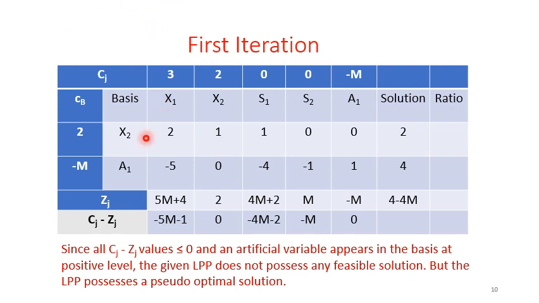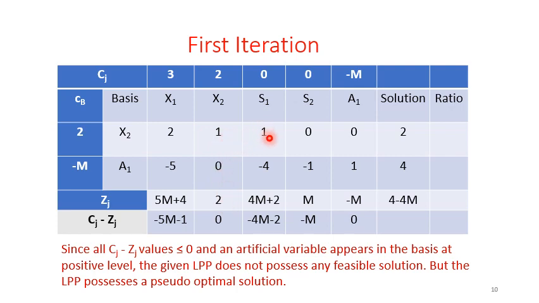The only change here is instead of the slack variable s1, x2 has now entered and s1 has left the solution. X2 will come with a coefficient of 2 because that is the coefficient of x2 in the objective function. So again calculate now the Zj values. 2 into 2 is 4 plus minus 5 into minus M, so it will be 5M plus 4. 2 into 1 plus 0, 2.